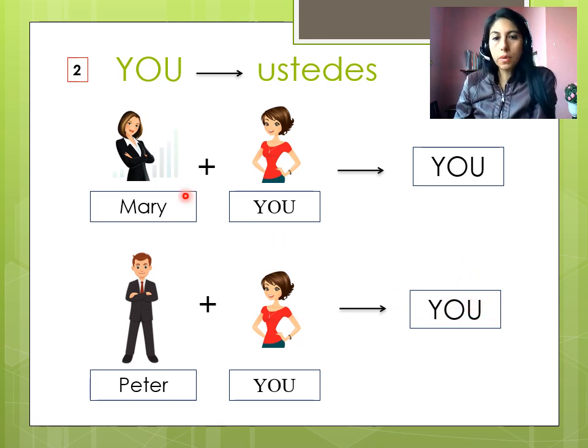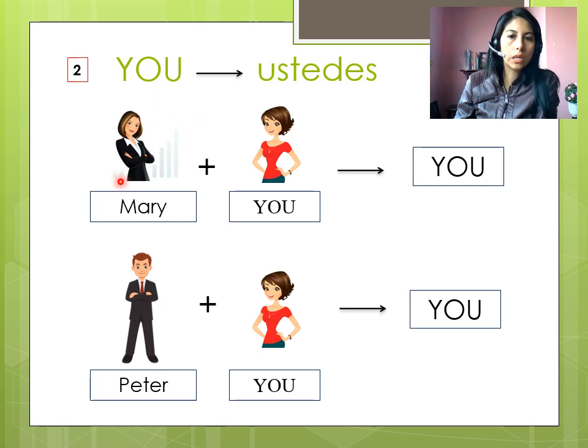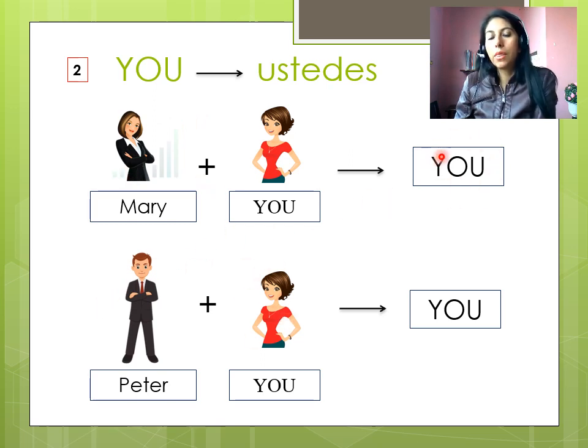Remember, could be someone else. Rose and you, Steve and you, etc. But if I use my subject pronoun you, this is the singular form. But because I am with someone else here, you and someone else, the result is the subject pronoun you in plural.